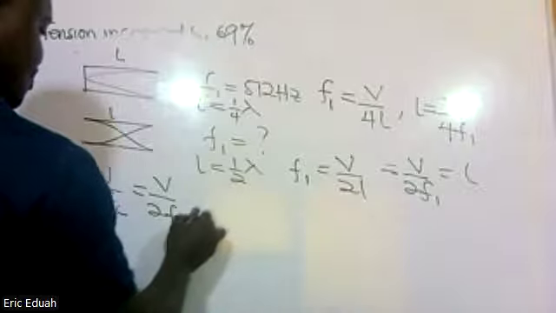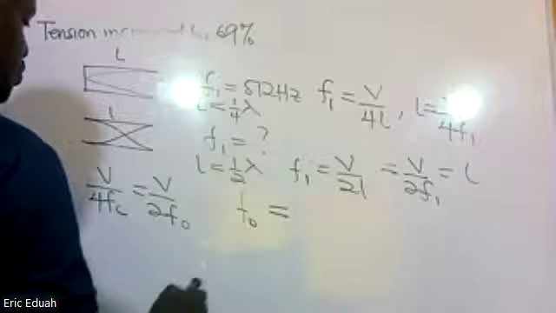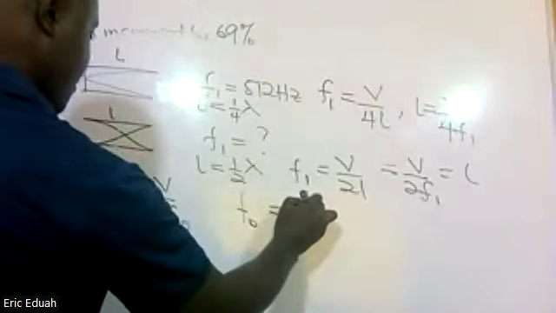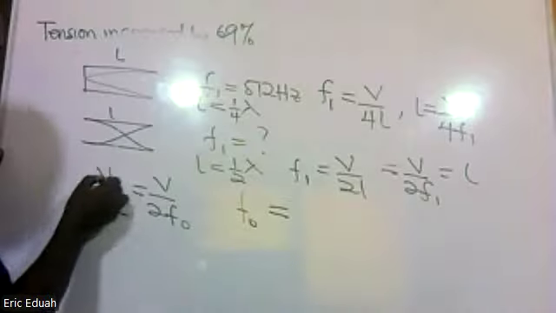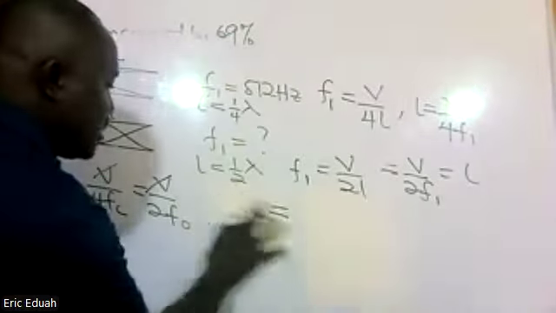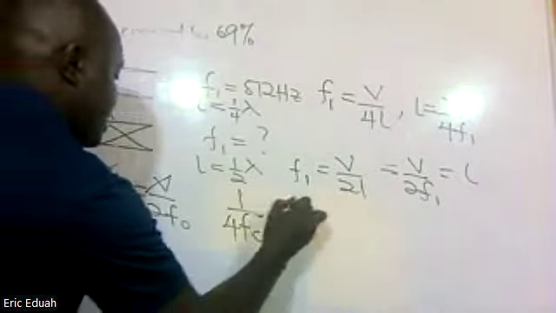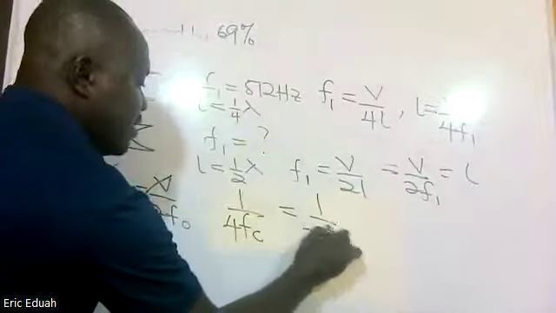F open will be equal to... The velocity of sound in both situations is the same, so we can cancel that out. So we have 1 on 4FC equal to 1 on 2FO.